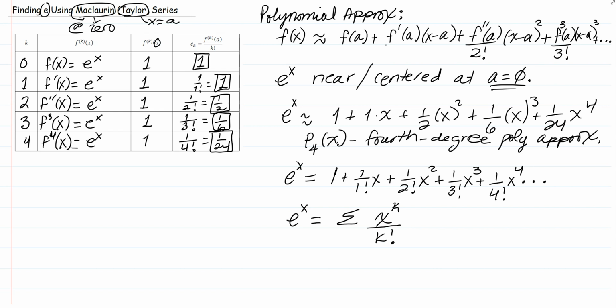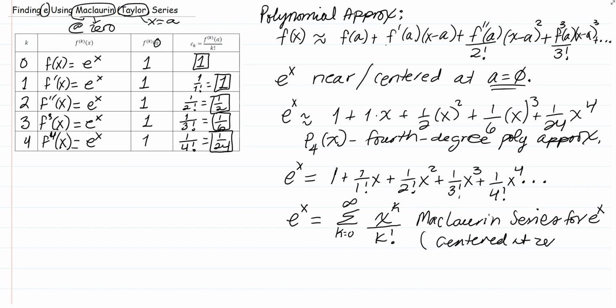Now, where are we going to start our index? We want to start with 1, so we must have k equal to 0 as our starting point, and that will go all the way to infinity. This is what we call the Maclaurin series for e to the x, centered at 0, right? So when we call something a Maclaurin series, we know that it's centered at 0.